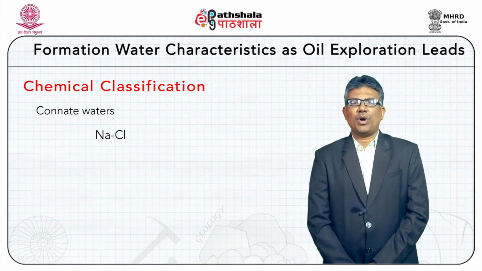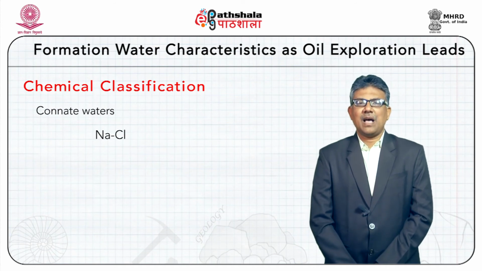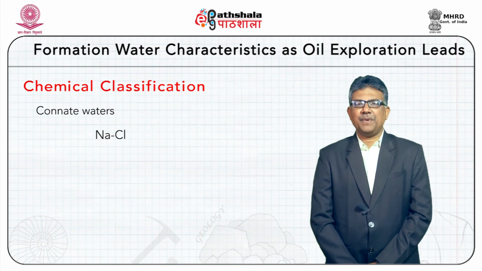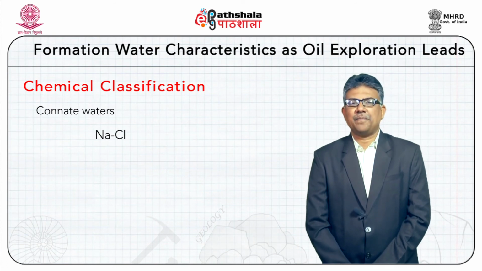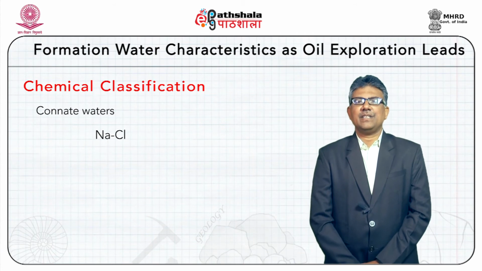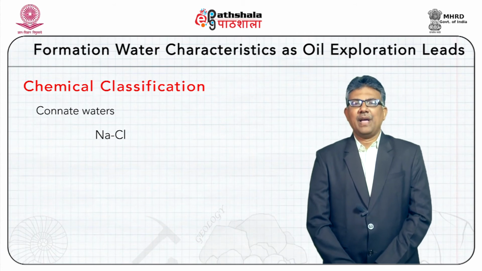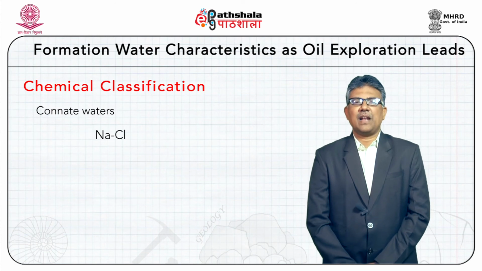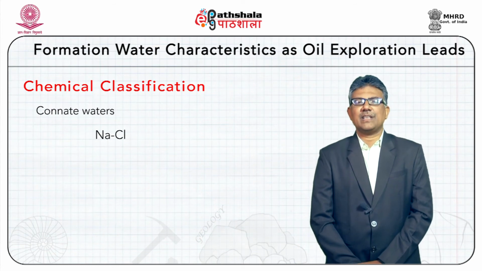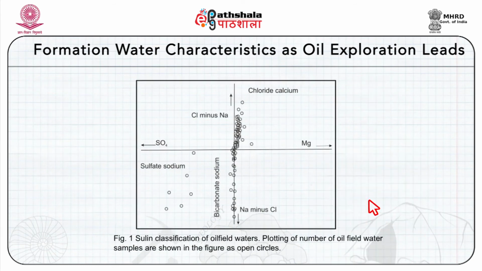So, plotting a number of water samples shows that some are plotted in the sulphate sodium field, some are plotted in the chloride calcium field, and you can see that the Cl minus Na is plotted up, and the Na minus Cl plotted down, the sulphate is towards left and the magnesium is towards right. So, this is a typical Sulin classification of oil filled water, and based on the ionic concentration and the way that we classify the waters, if we plot those, then that basically shows where my formation water falls within this diagram.